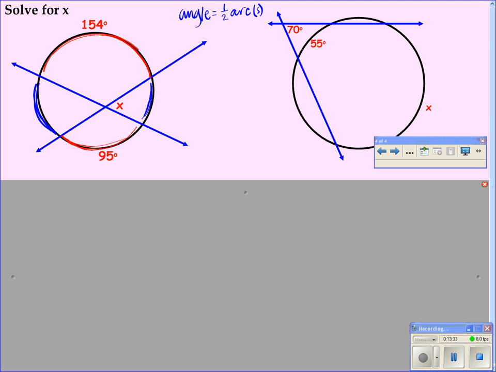Because of that, we could find that angle right there, which would help us find X. So let's try to find Y first. Are we going to use one where we add the arcs or subtract the arcs? Add, because it looks like a plus sign inside the circle, right? So we've got our angle, which is Y, 1/2. What arcs are we going to add together?